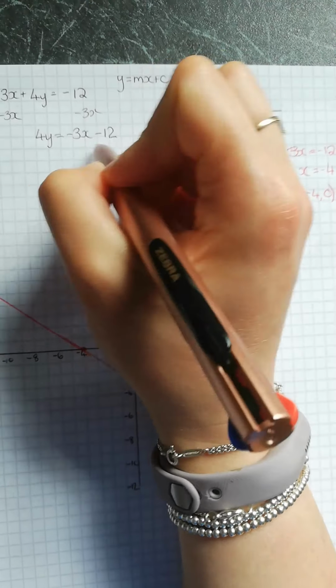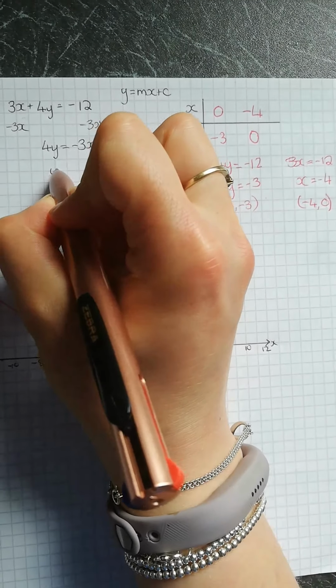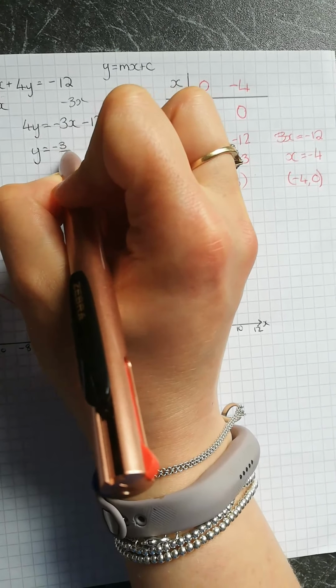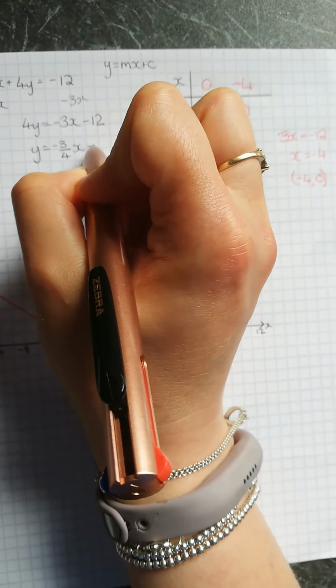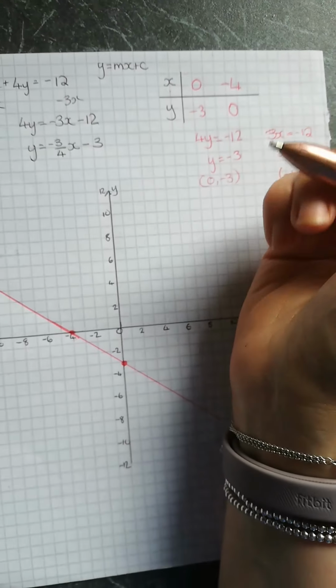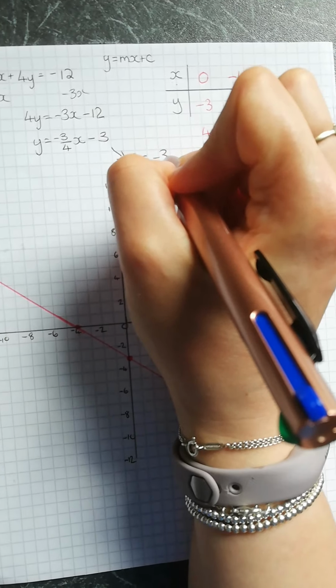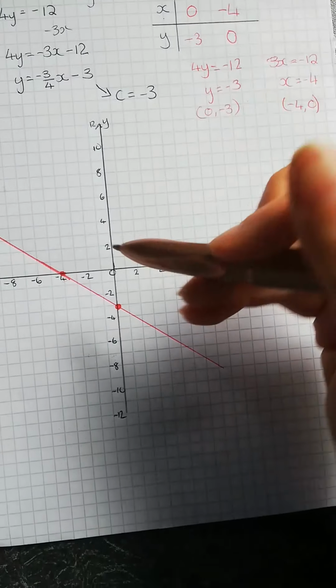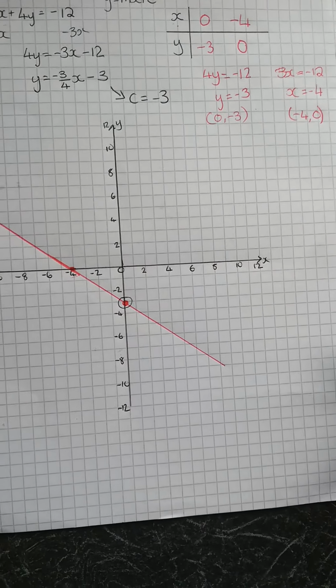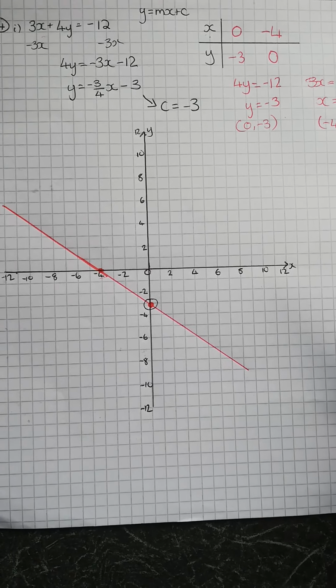And then if we divide both sides by 4 to get it as y equals, we would have minus 3/4 x, and 12 divided by 4 is 3. So that would tell us that our y-intercept is minus 3, and look, we've already got that. We've got that it crosses the y-axis at minus 3.